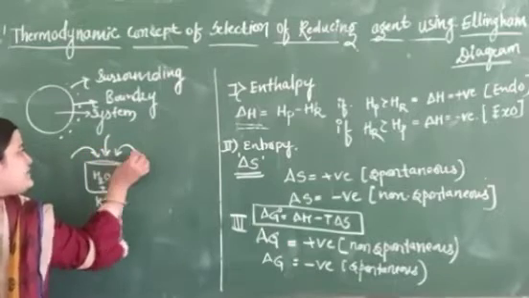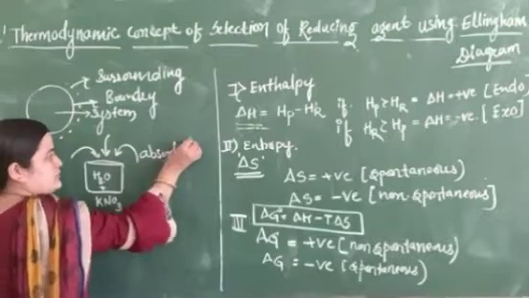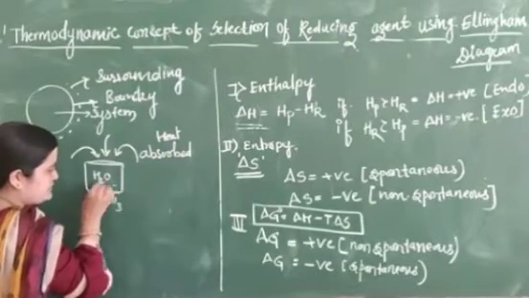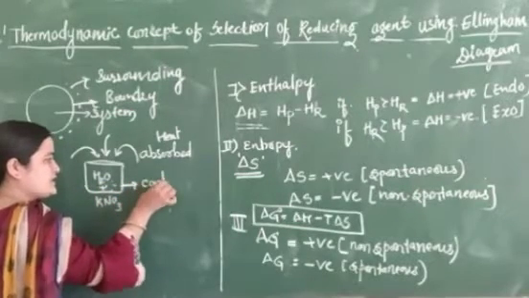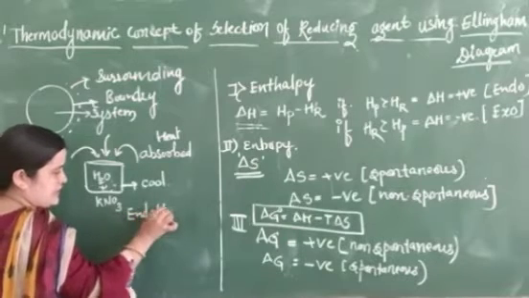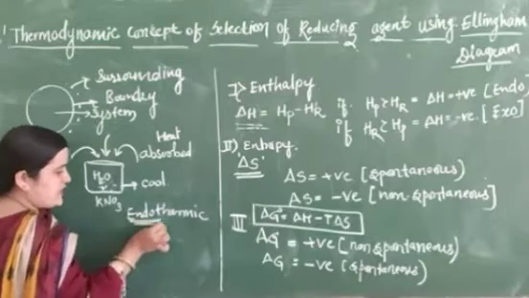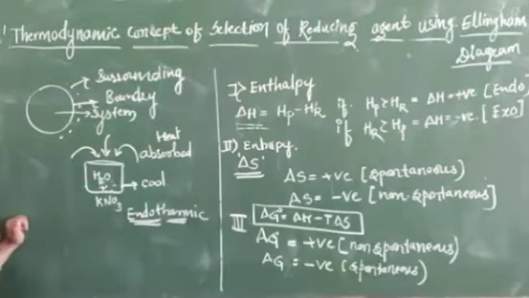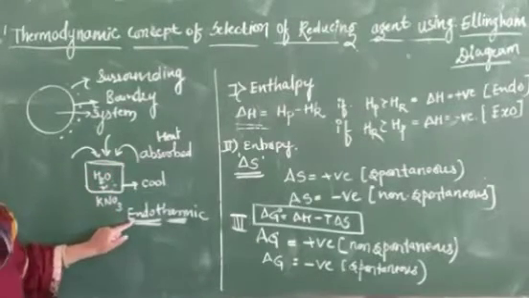Heat will get absorbed, and the solution of KNO3 and H2O becomes cool in nature, and the reaction we call an endothermic reaction. Endo means inside, thermic means heat: heat is absorbed from the surrounding to the system. That we call endothermic.